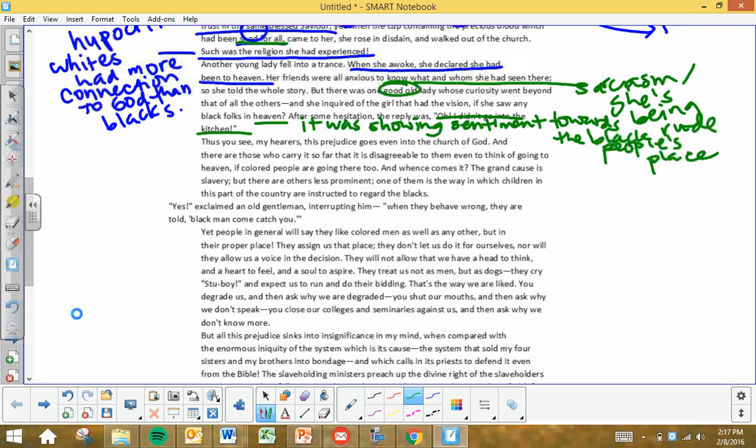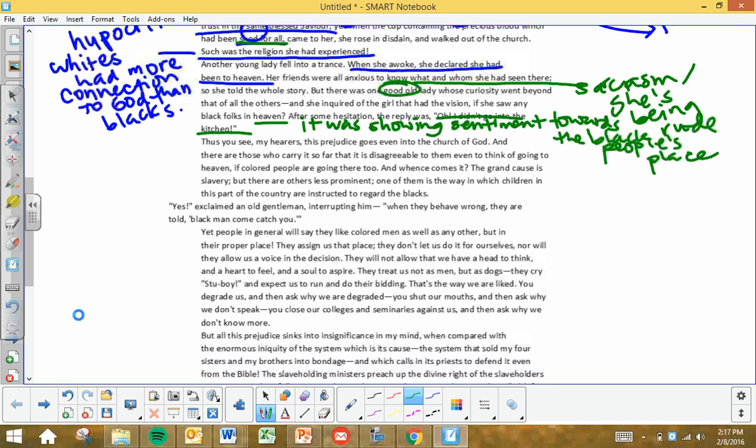Right. I would rather just not go if I had to share it with colored people. That is such a powerfully rude and horrible statement, but that's how he's seeing it. That's how they're feeling. It's like, well, they can be in the kitchen. We still should be separate. I don't want to have to share my heaven with them, right?